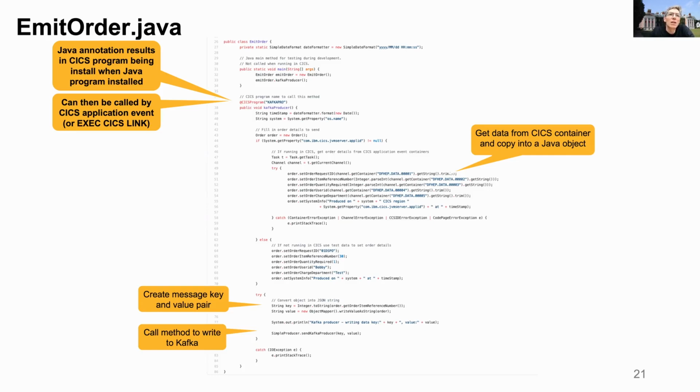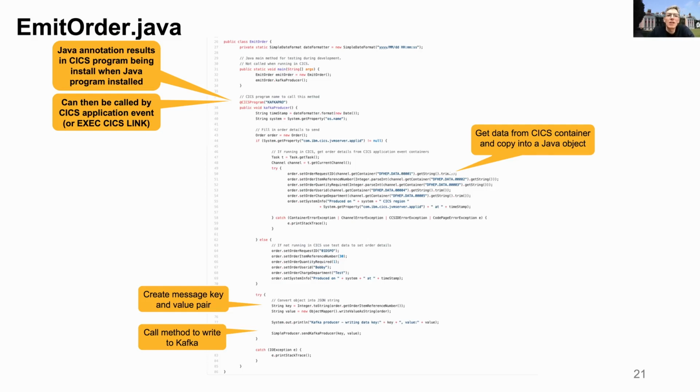And then towards the bottom there, you can see it's creating a key and value. Traditionally when you write to a topic, you have a key and a value. And they can be whatever you like, but typically the key is some kind of identifying information, in this case the order number.